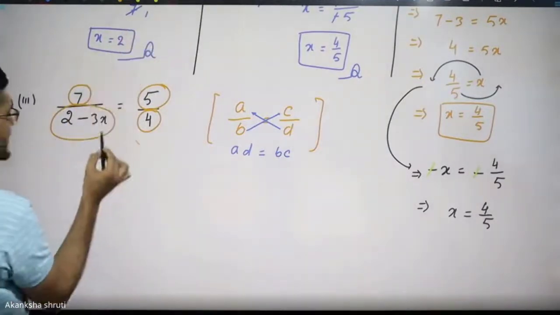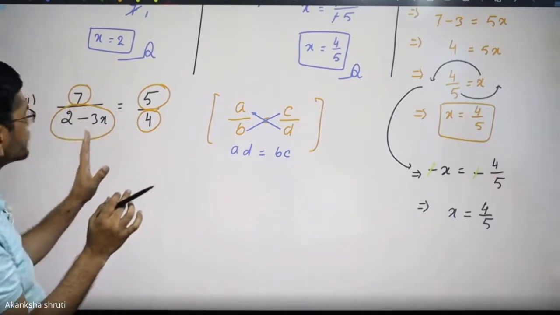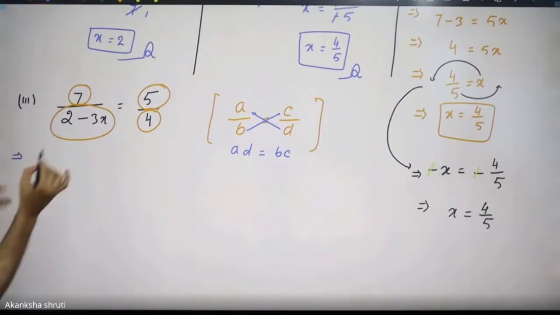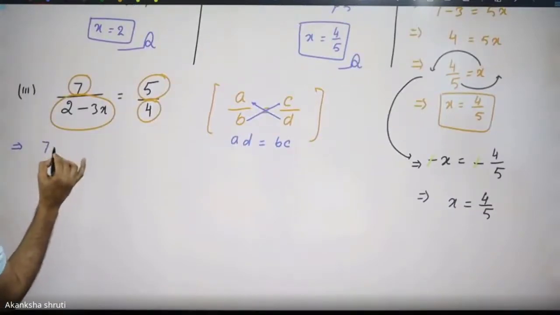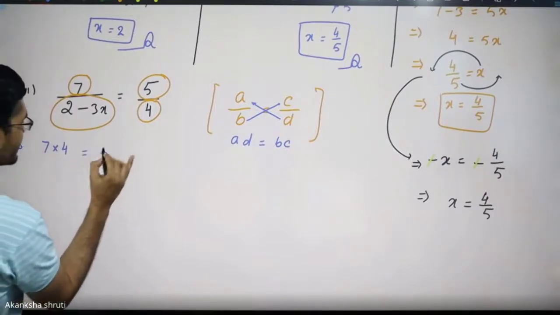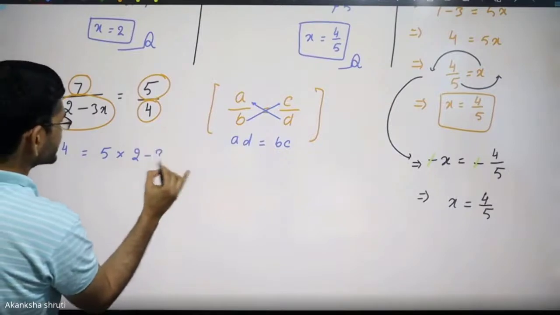Therefore, you should be careful exclusively about this term. So which one is to be multiplied? This implies this 7 will get multiplied to 4, and this 5 will get multiplied to 2 minus 3x.